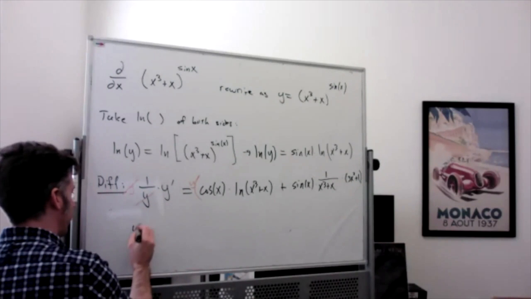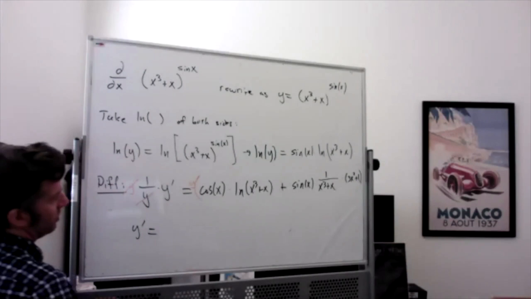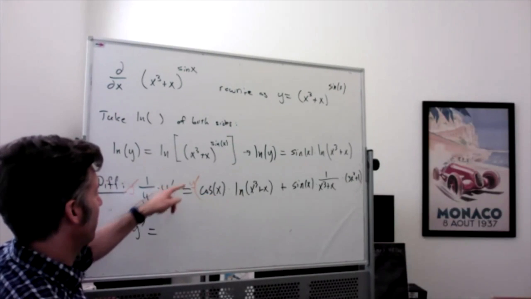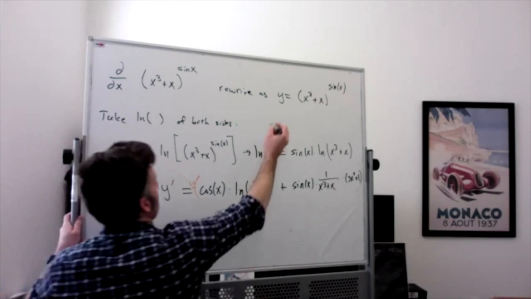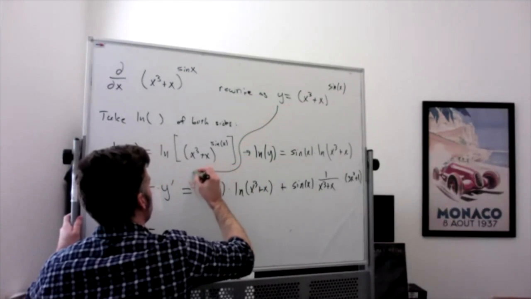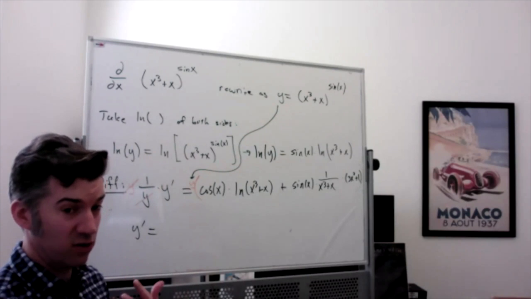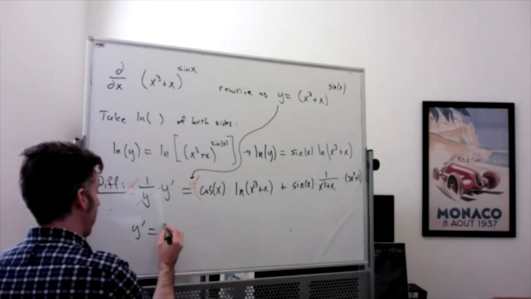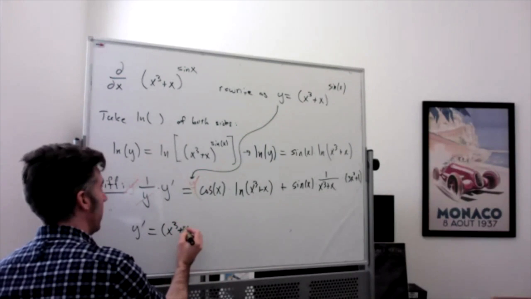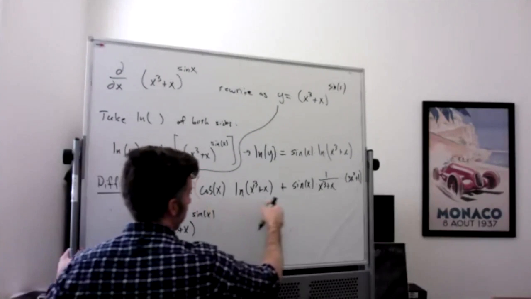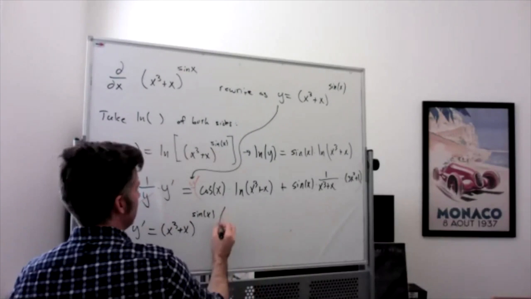So we get y prime equal to, now we could write y times all that stuff, and maybe I would, but really I want to replace y with what y is equal to, so that my answer, my derivative, is still just in terms of x. So I'm going to have x cubed plus x to the sine of x times all of this stuff, which I might simplify just a little bit.